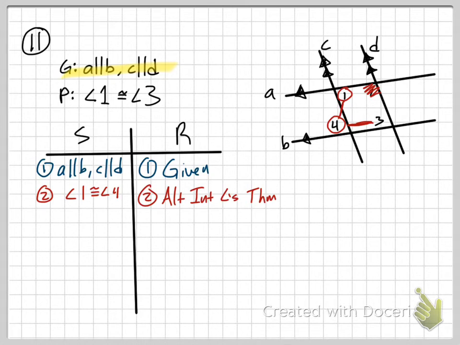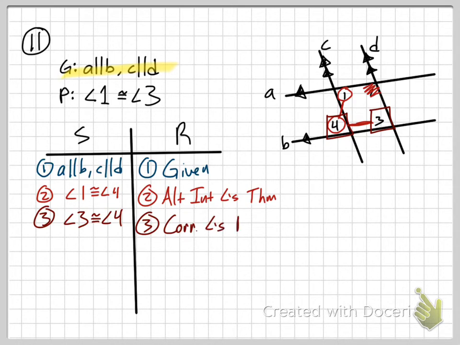Now we need to connect the bridge between 4 and 3. So 4 and 3, these angles are in the same position. And when we have angles in the same position, that means they are corresponding. With corresponding angles and parallel lines, we can say that angle 3 is congruent to angle 4 through the corresponding angles postulate.